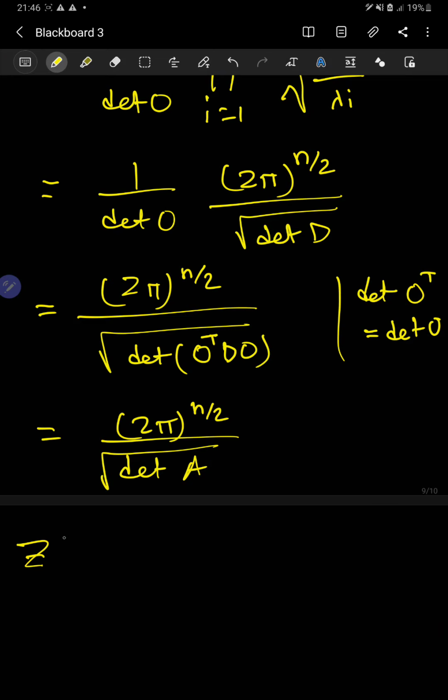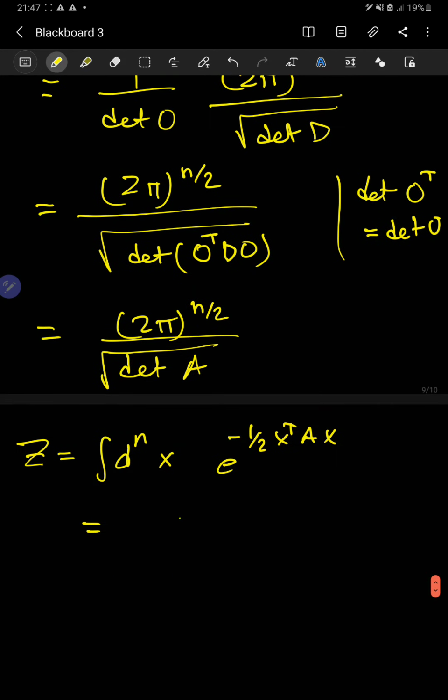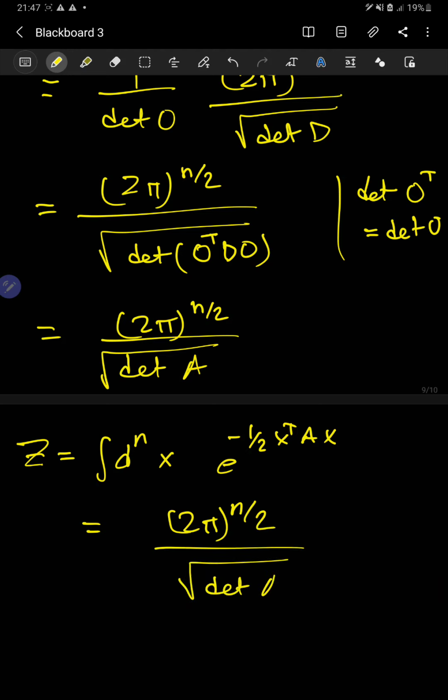A. So if we have a Gaussian integral like this, which is, let's write it, the answer for this would be, for any real symmetric matrix A. It's important to realize the significance of this, because if you have a Gaussian integral like this, you can easily solve them by finding the determinant.